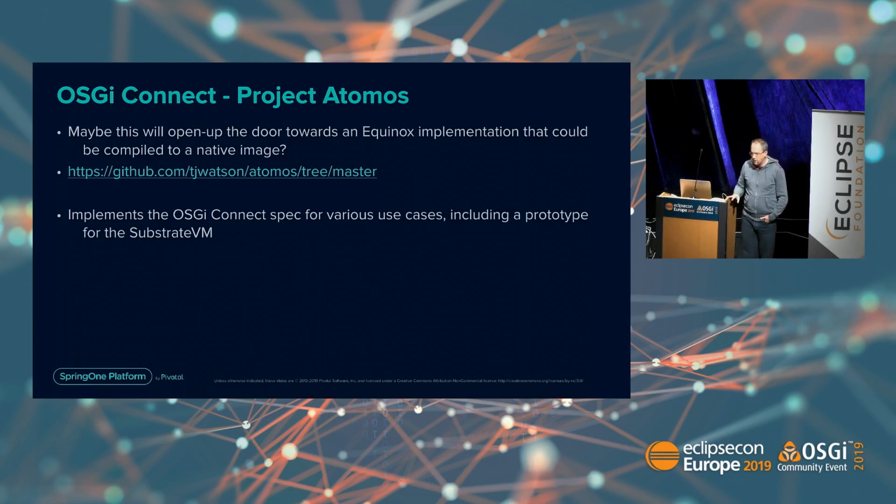I chatted with Tom, who works on the Equinox implementation, and he already worked on something like that, implementing the OSGi Connect specification based on the SubstrateVM, so that you could tell the native image builder, here are my 20 OSGi bundles, and please compile a native image out of them, and then you get a native image containing everything out of that.